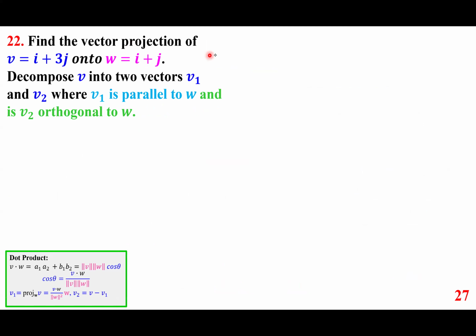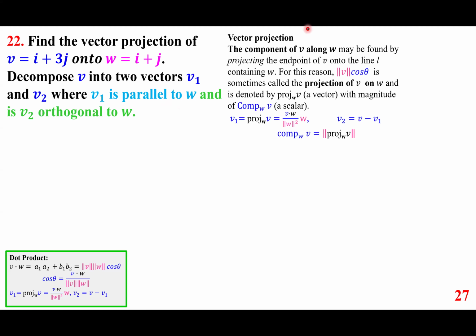Find the vector projection of V, which is i plus 3j, onto W, which is i plus j. Decompose V into two vectors, V1 and V2, where V1 is parallel to W and V2 is orthogonal to W. That's the meaning of it. So let me show you a few pictures and then discuss the concept. And again, this is the dot product and so forth. Vector projection.